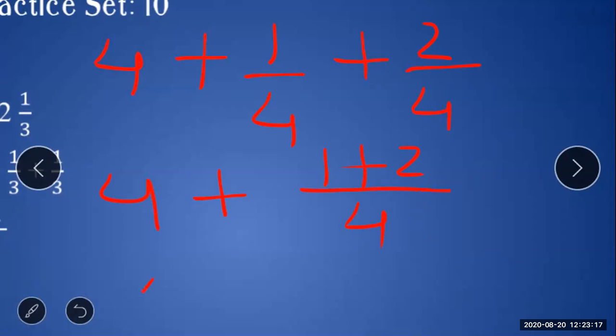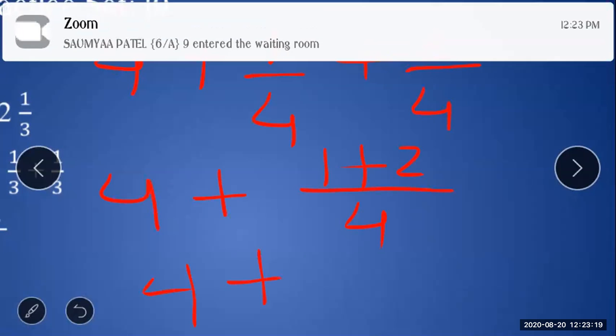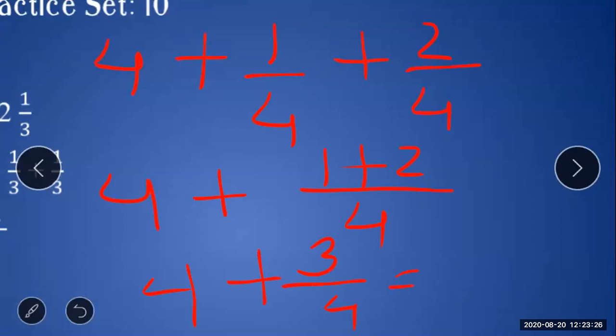The next step will be 4 plus 3 upon 4. And the final step, after removing the addition sign, you will get 4 3 upon 4. I hope you have now understood the steps.